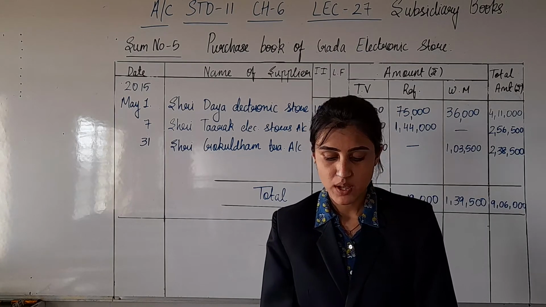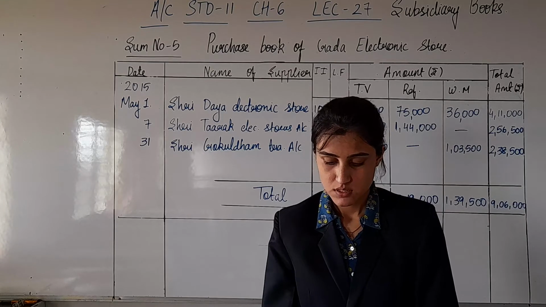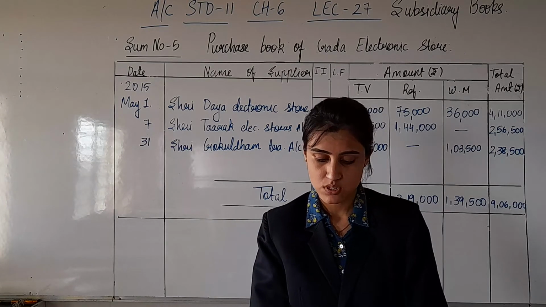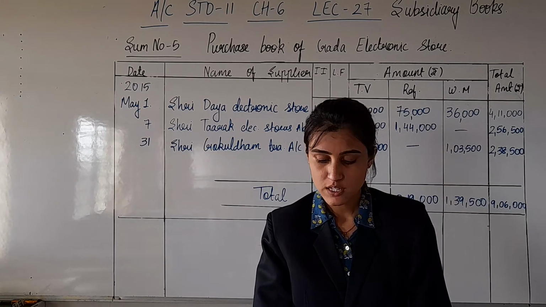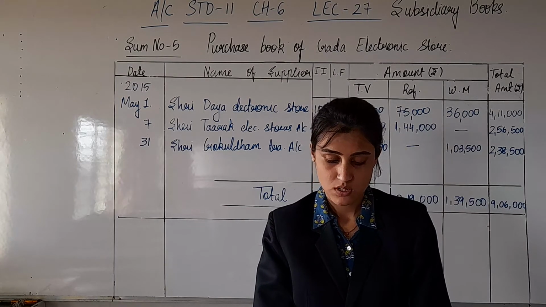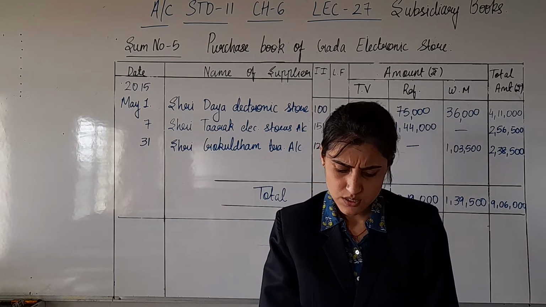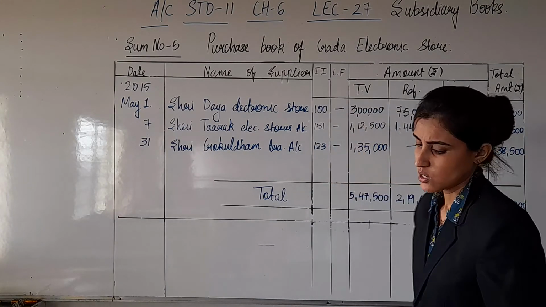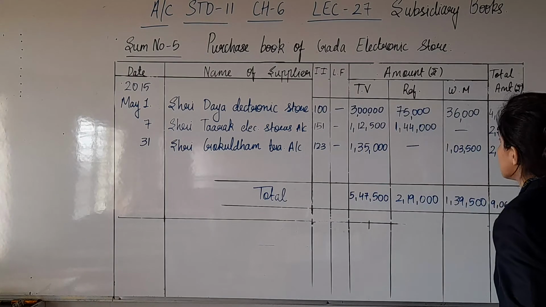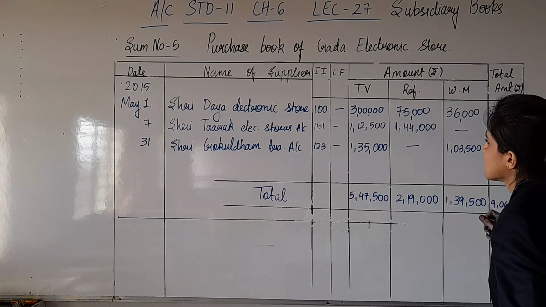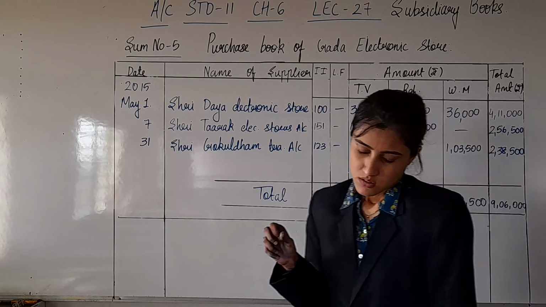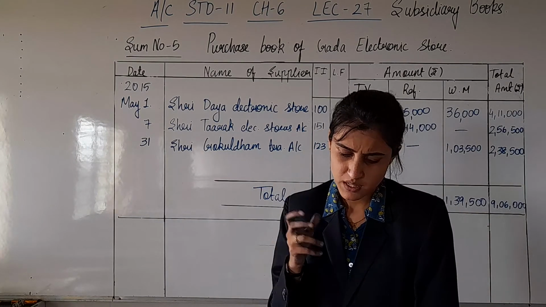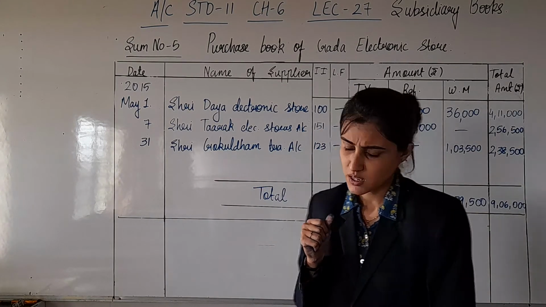Always be careful while totaling sums. Alright, they have given us individual totals. Sorry, I think the answer for question 5 is not presented properly. 1,39,500. I cannot see that amount anywhere. Maybe there is a printing error or something.